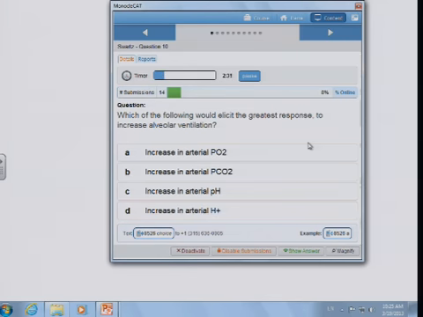Once again, on the exam, it says to give the best answer. So remember that there may be more than one answer that works, but it says give the best answer. So if something might have a minor effect, that's not going to be as important as something that has a major effect. So make sure you understand that. So which one of these is going to have the greatest response?